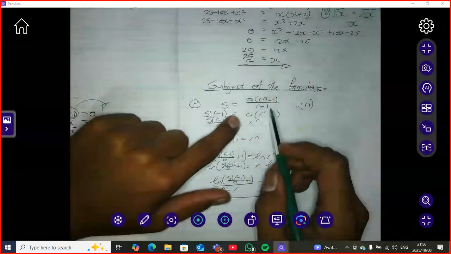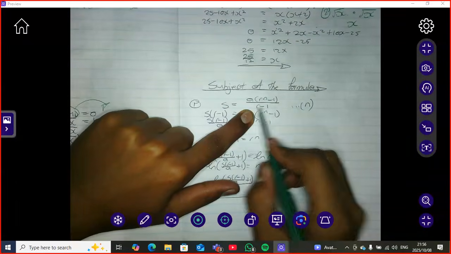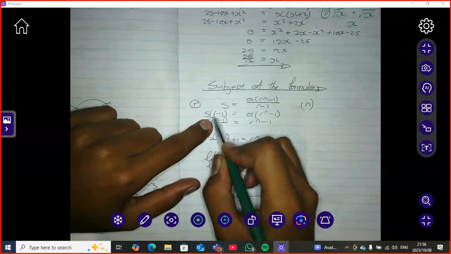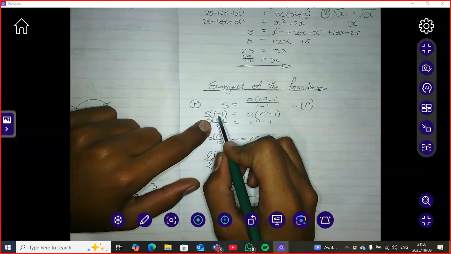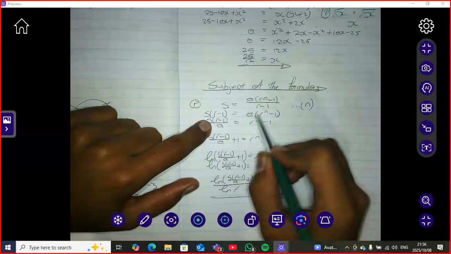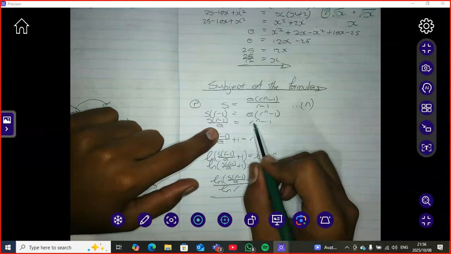I'm going to chop here, get rid of r minus one. To get rid of r minus one, I multiply both sides with r minus one. That is why I get the S times r minus one over here. I'm left with this now. Then I divide with a to get a away. Then I have r to the power of n minus one.